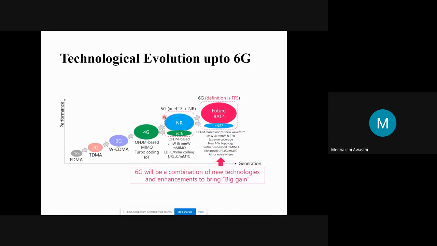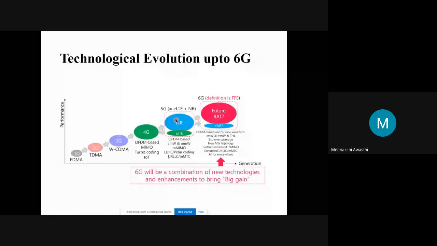Next, we have 5G. Basically in 5G, we talk about the new radio and eLTE. 4G is also known as LTE, long-term evolution, so the enhanced version of 4G is known as eLTE.